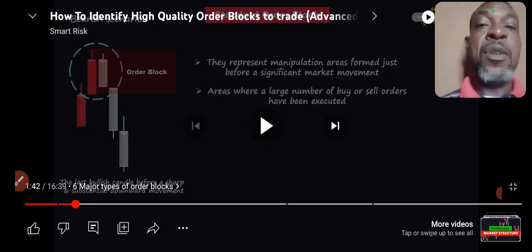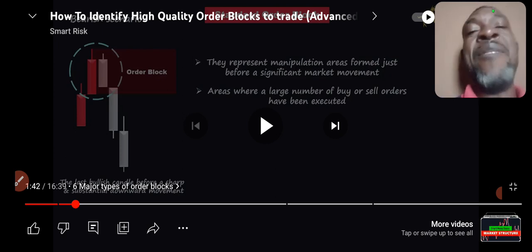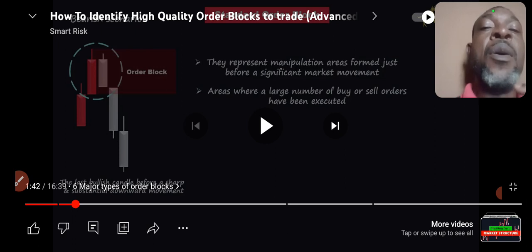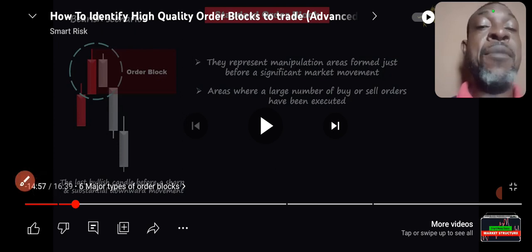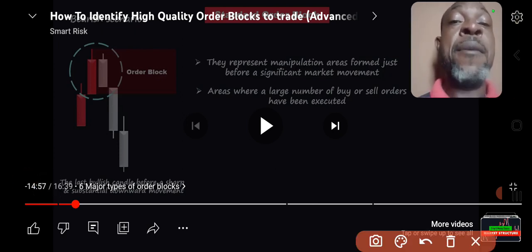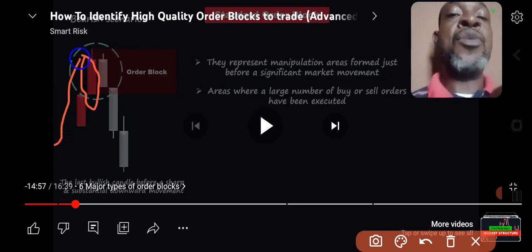Now, let me explain something to you very quickly. When you say a zone before, let me define it in another way. An order block will be the last candle, right, that you see before an impulsive move. Now, over here, this example over here, let me just show you very quickly, right? You can see this red candle, that's the bullish candle going up.